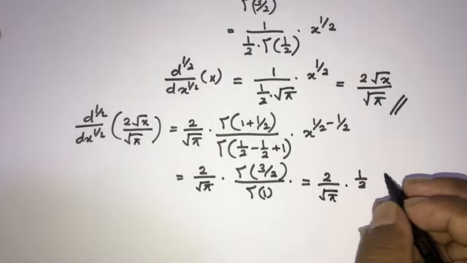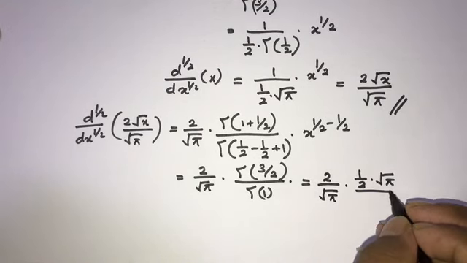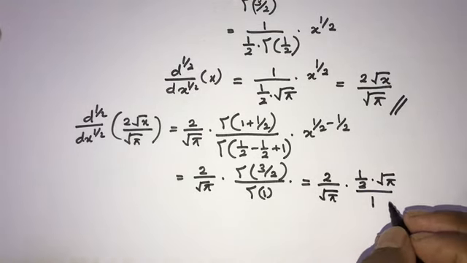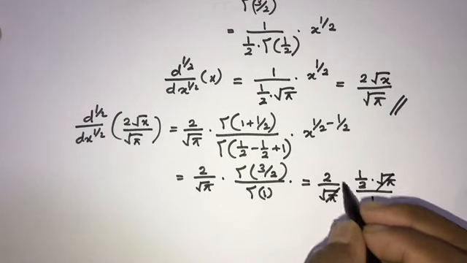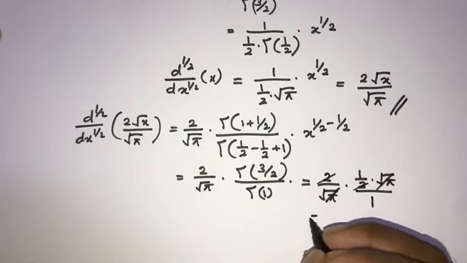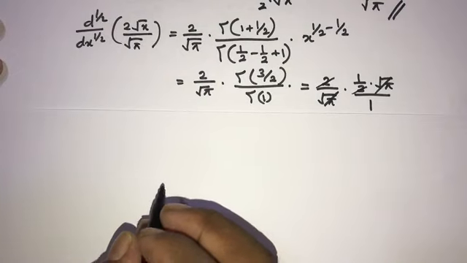We know gamma of 3/2 is 1/2 square root of pi, and gamma of 1 is equal to 1. Okay, now square root of pi gets cancelled, 2 gets cancelled, and this is equal to 1. Okay, next, now another interesting point.